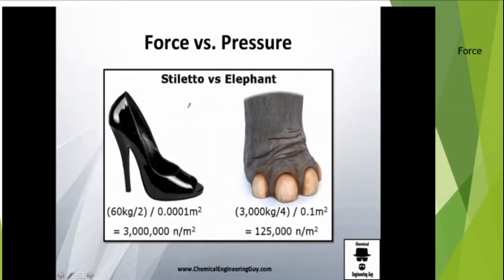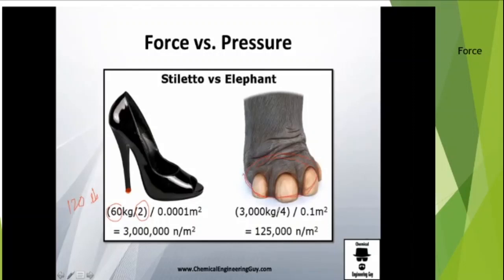And I want to give you this example I showed you before. Imagine this girl is only 60 kilograms in weight. She has 2 feet, so we're going to divide that by 2. She's going to step on you with this little area. For you guys, it's about 120 pounds. Well, the girl has a mass of 120 pounds, okay? And this huge elephant, let's say it has this area, it's huge.